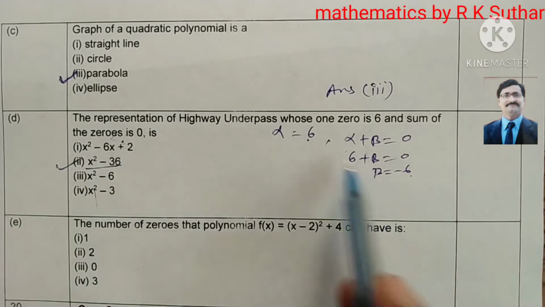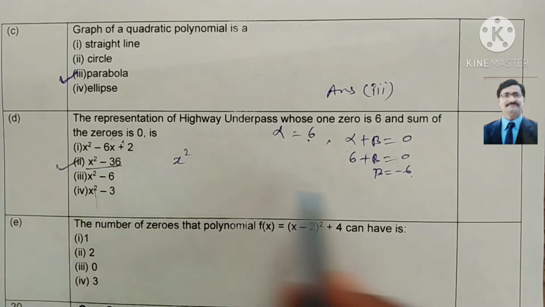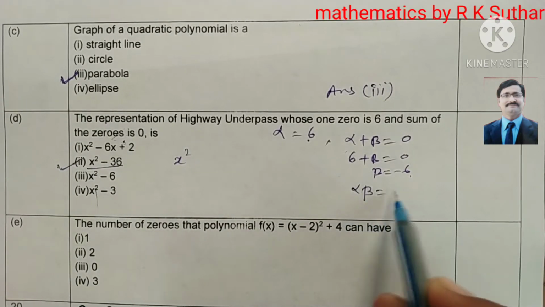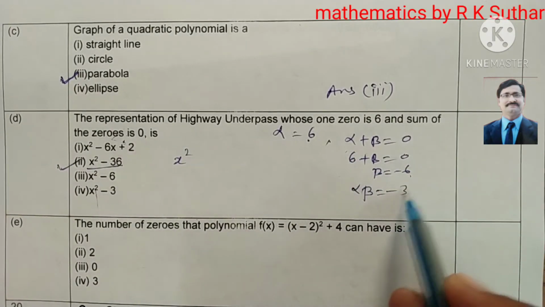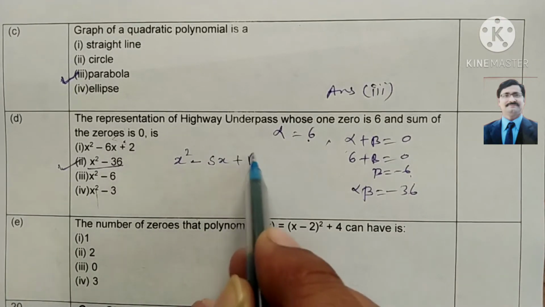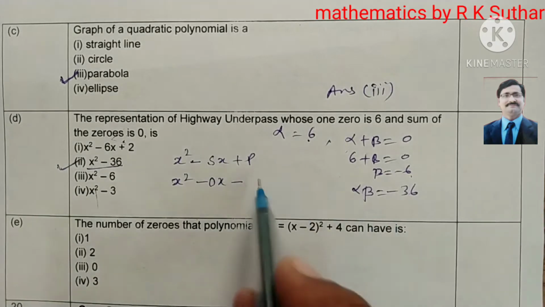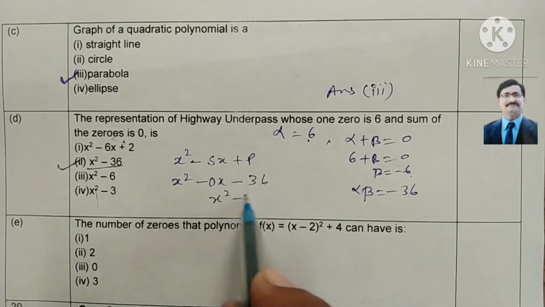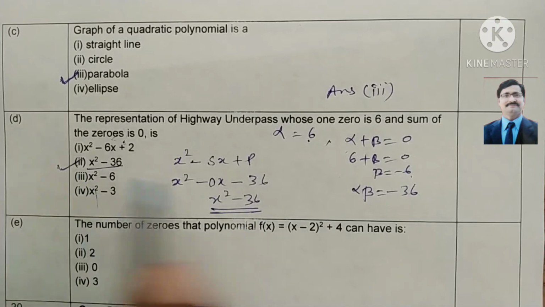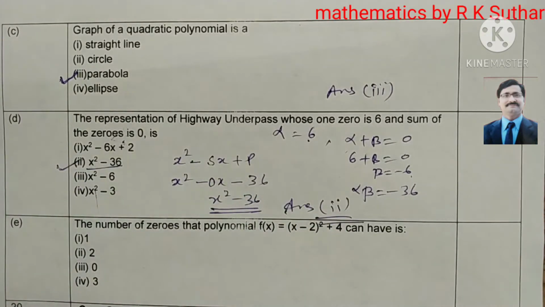The zeros are +6 and −6. What is the product of zeros? The product of zeros is −36. We have the formula x² − (sum)x + product. Sum is 0 and product is −36, so we get x² − 36. So the answer is second. All of you understand this?